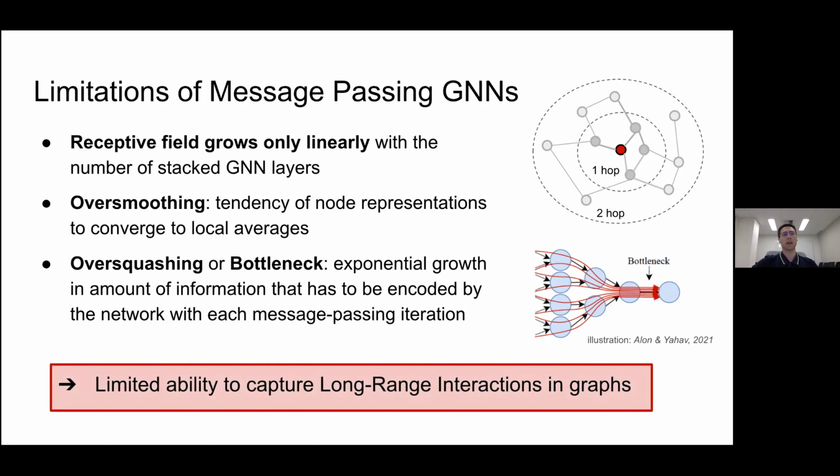So all of these come together and cause this issue that conventional layer stacking can't really represent well the long-range interactions in graphs, because we would really need deep graph neural networks, but really deep graph neural networks have these kinds of issues.